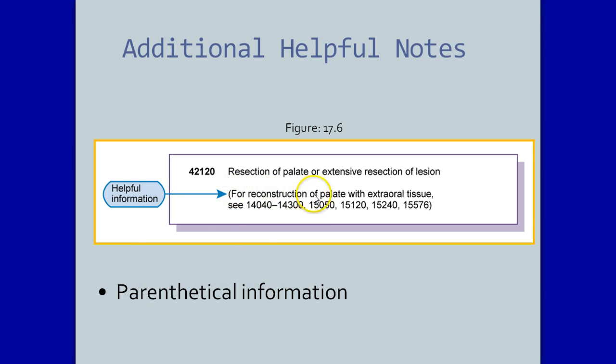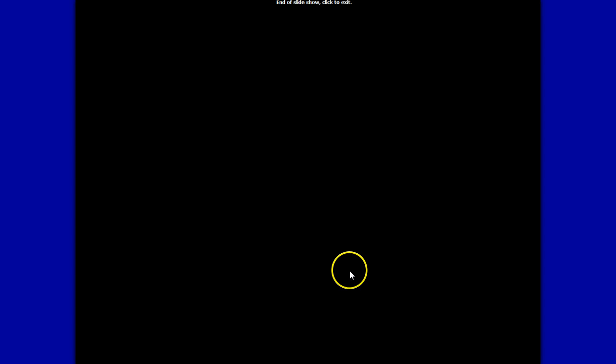It says, for reconstruction of palate with extraoral tissue, see these codes right here. So basically, if we're about to choose this code, and something in the description of the procedure is dealing with reconstruction of a palate with extraoral tissue instead of a resection of a palate lesion, then you need to go here. That's why it's really important to read as you go.